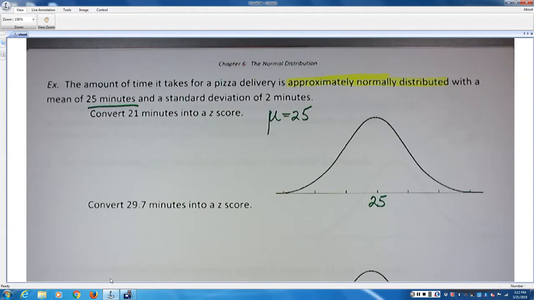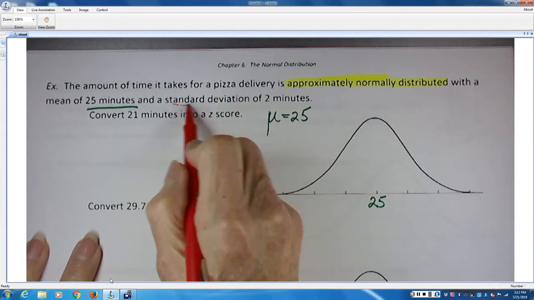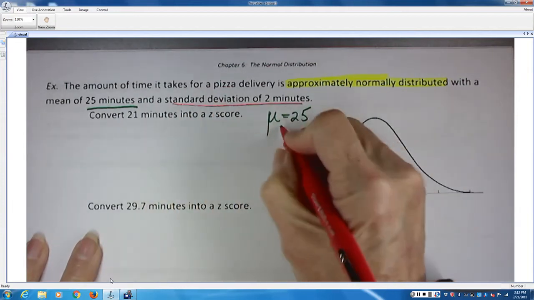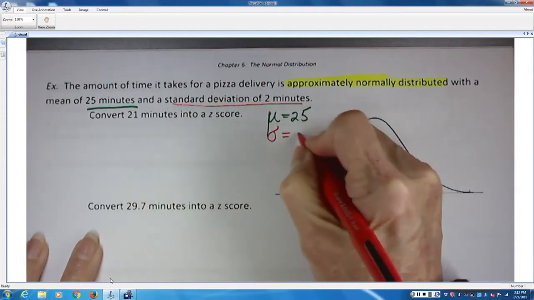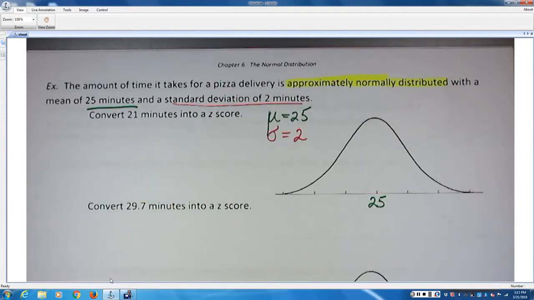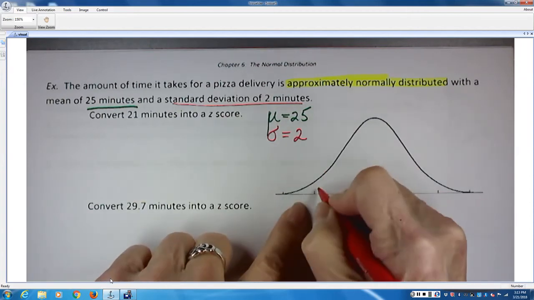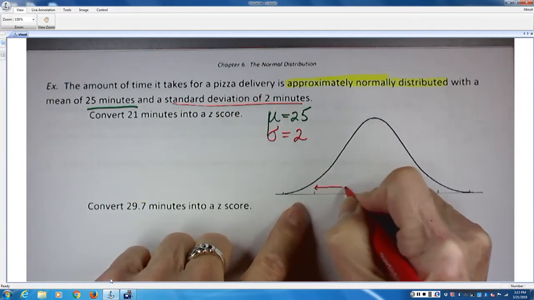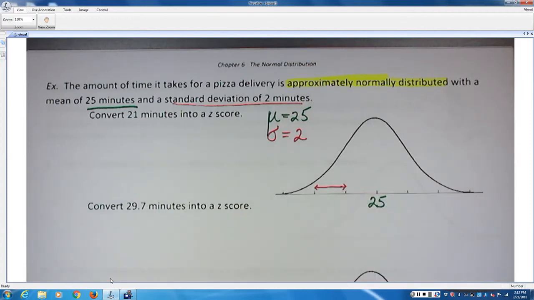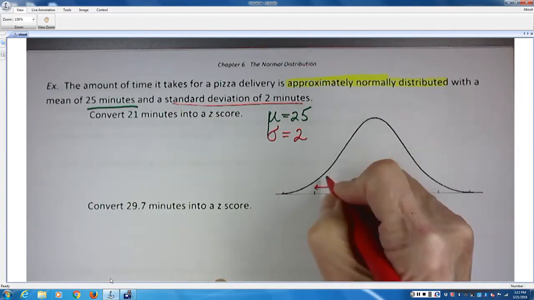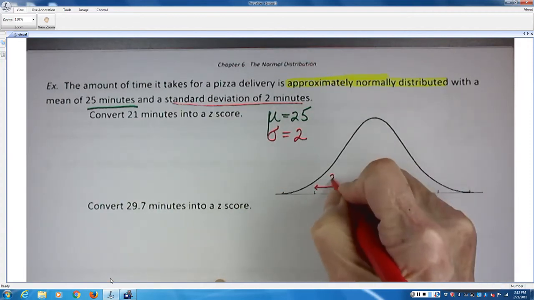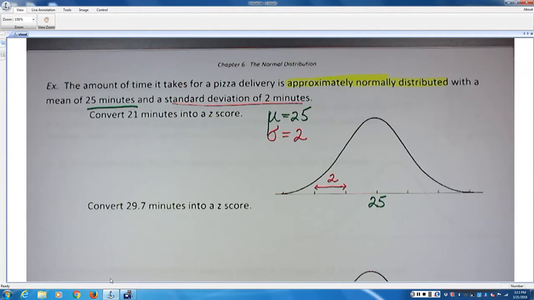And it has a standard deviation of 2 minutes. So that's your population standard deviation of 2 minutes. And what that means is that each one of these little 6 chunks under that curve, that's a value of the standard deviation, so each one of those marks off 2 units.